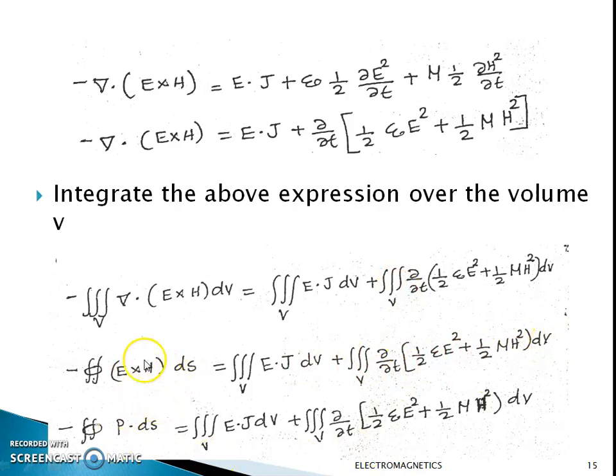By Poynting theorem, this E cross H, the product of E and H, we get the value P. So E cross H is equal to P, then this term becomes the surface integral P dot ds is equal to volume integral E dot J dV plus volume integral dou by dou T half epsilon E square plus half mu H square dV. This is the Poynting theorem.